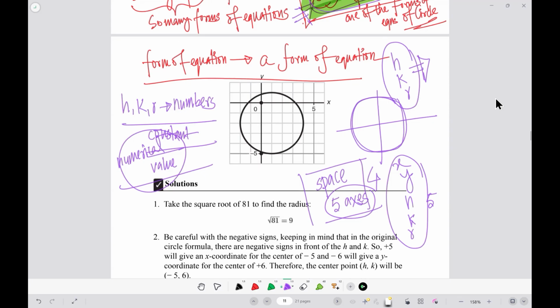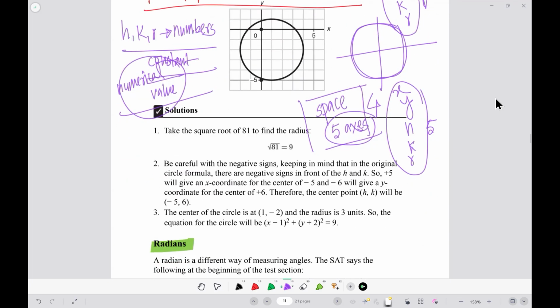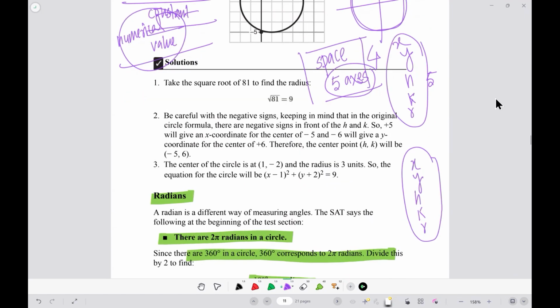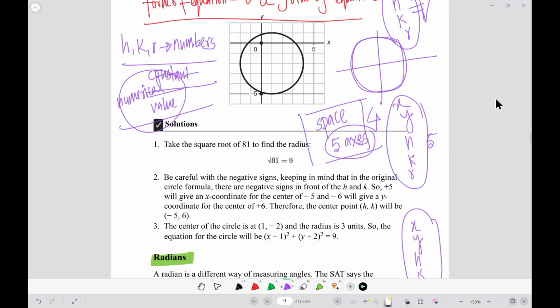This is basic common sense. In an equation, if we have five different variables, x, y, h, k, and r, and you want to plot that, then you will need such a reference frame which has five axes.